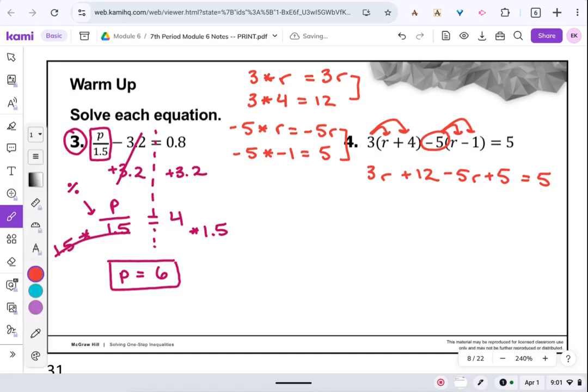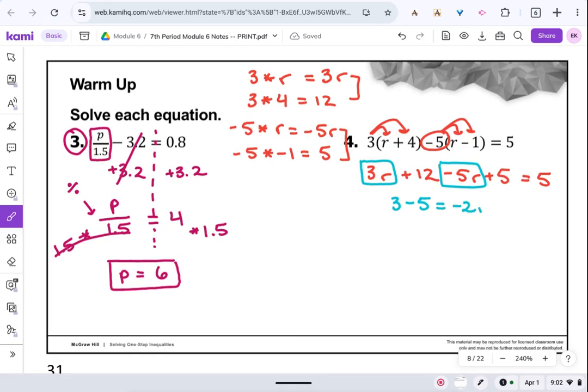Now on this one, we've kind of got a lot going on the left-hand side. So what we can do is put our terms that are the same together. What I mean by that is I can take 3r and a -5r and put those together. I'm just going to take 3 minus 5, which is going to get me -2, and that's going to be my new r term.